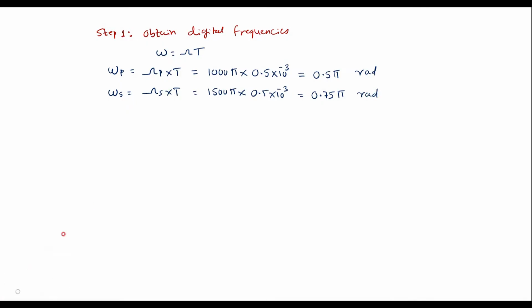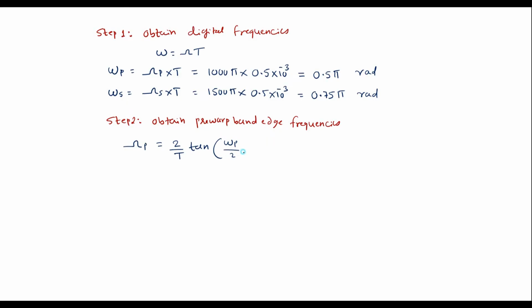Now the second step is to obtain pre-warp band edge frequencies. Pre-warp frequency omega p, we can also write it as omega dash p or omega p, both are fine, is equal to 2 by T tan of omega p by 2.